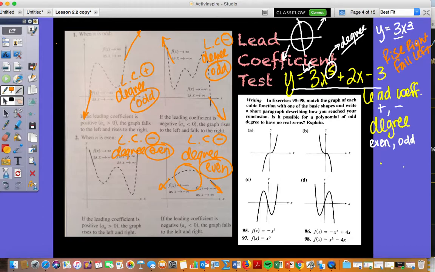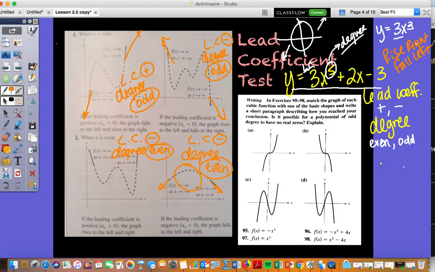Left, right, falls. It means at the very end points, again, not focused on the middle. Right over here, what's going to happen at the very end on the right? It's going to rise. So it's going to rise right and rise left.